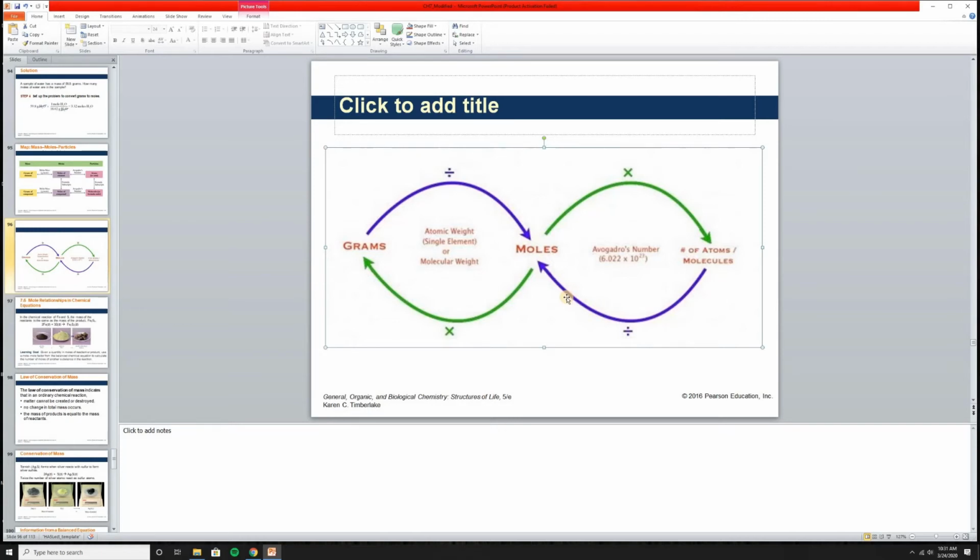What I would suggest if you're studying is to memorize this. If you memorize this, it makes it so much easier. And if you're able to write this down, it makes it super easy. All right, so we have grams on the left side here, right? We have moles in the middle, and we have number of atoms or molecules on the right. So we did all of this in different steps already, but let's just take it into one picture.